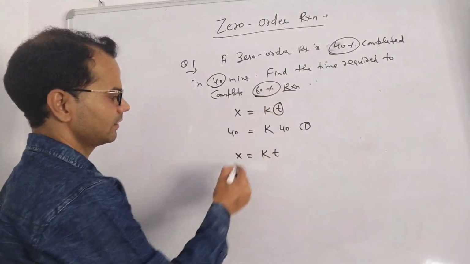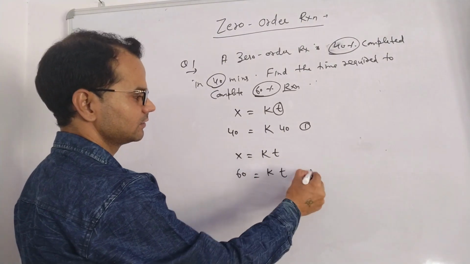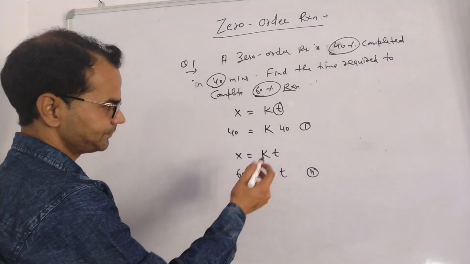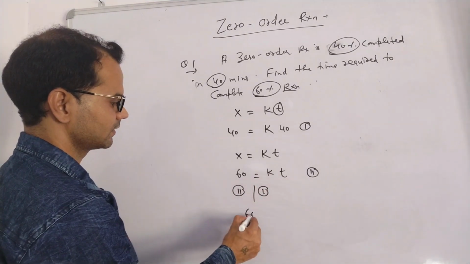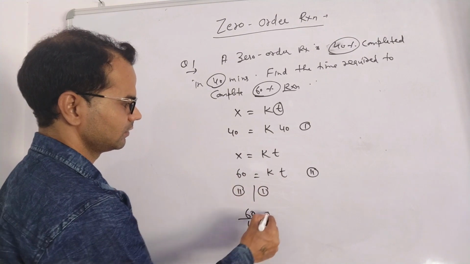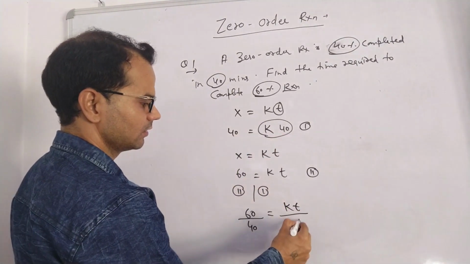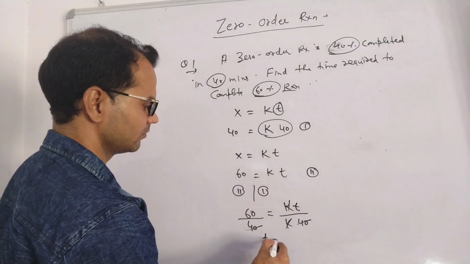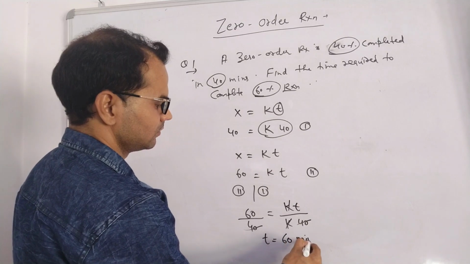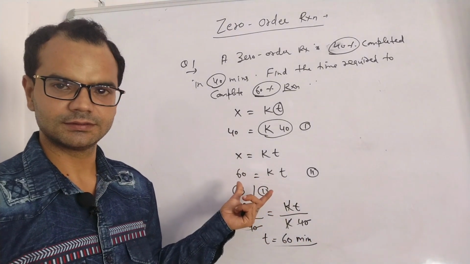For 60%, X is 60, K, we have to find T. Second equation. Divide second by first. 60 by 40 equal to KT by K40. T equal to 60 minutes. Easy.